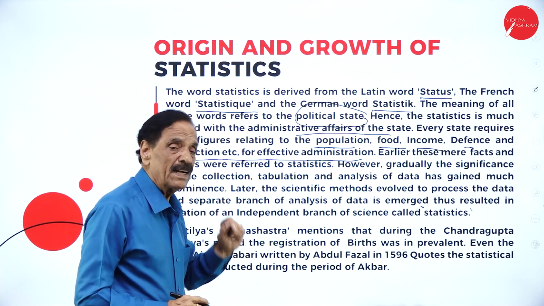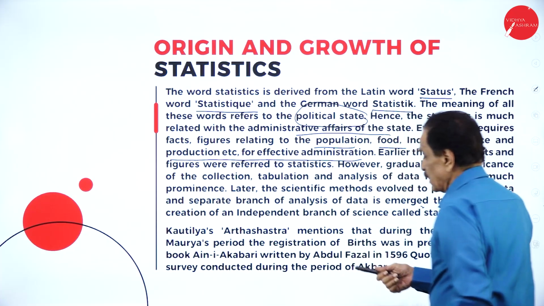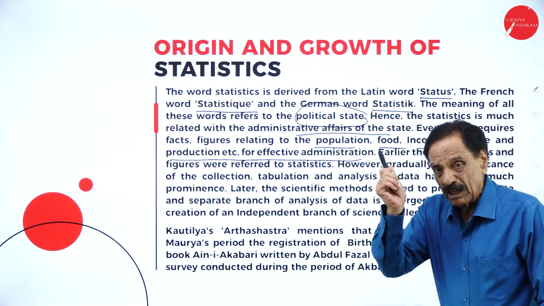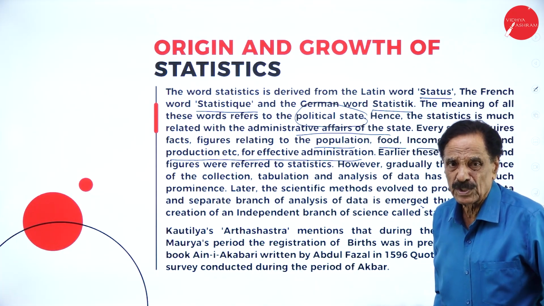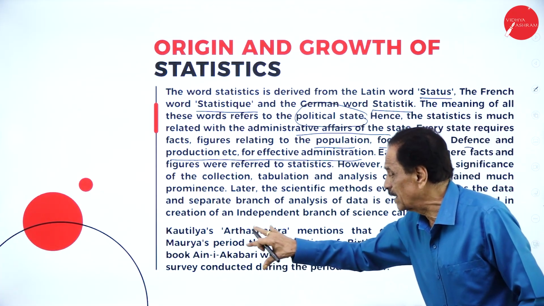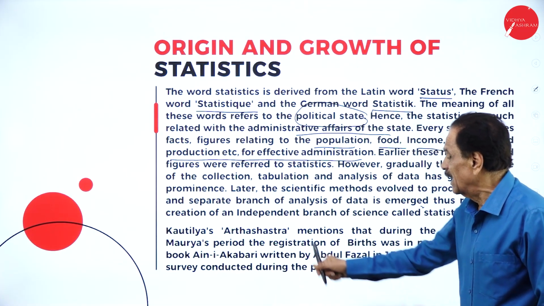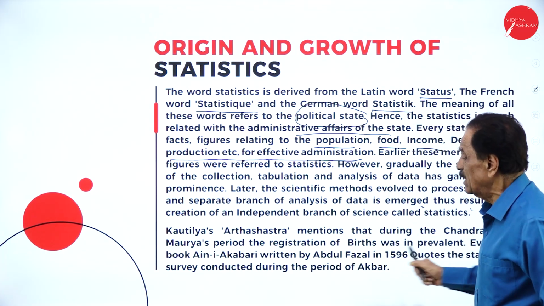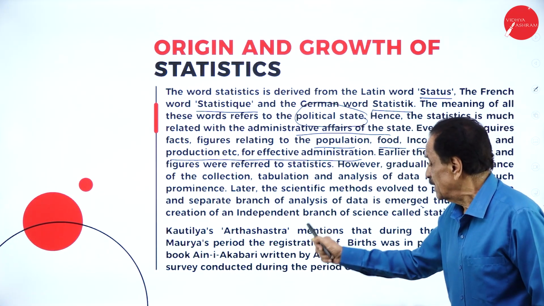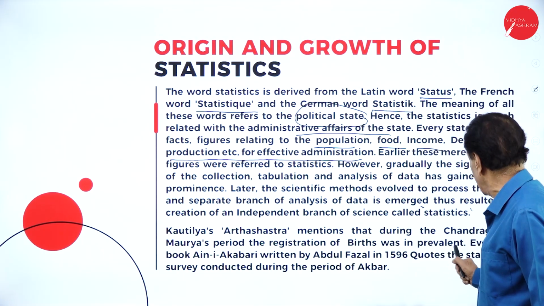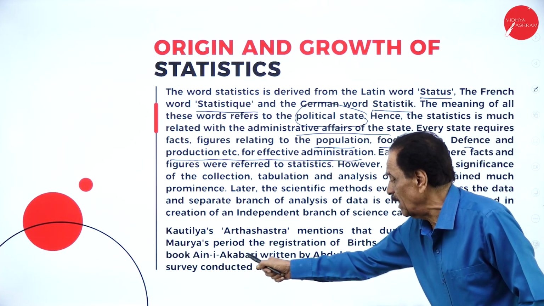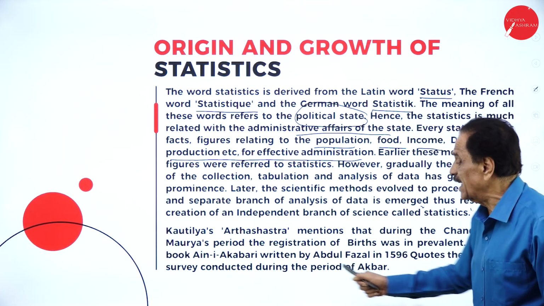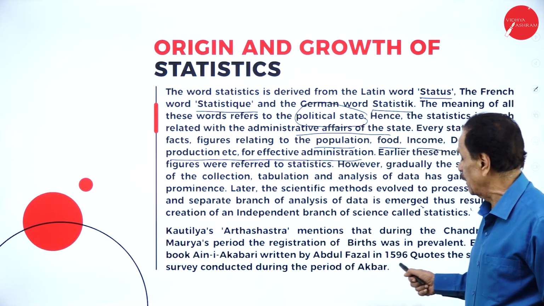Kautilya's Arthashastra mentioned that during the Chandragupta Maurya's period, the registration of birth was prevalent. Kautilya was a famous man, especially for numerical matters. Then there is the book Ain-i-Akbari, written by Abul Fazl in 1596, a statistical survey conducted during the period of Akbar.